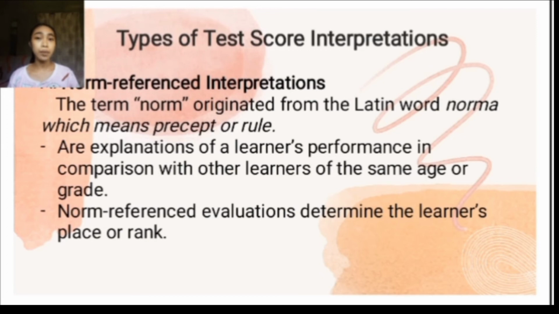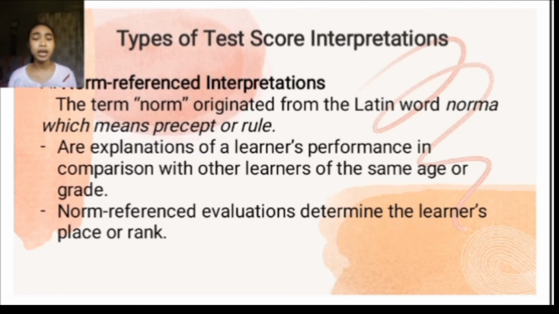Say, for example, a child placed 8th in a reading class. This is one example of a norm reference description, in which they have rankings, showing who got the highest scores and the lowest, below the average.